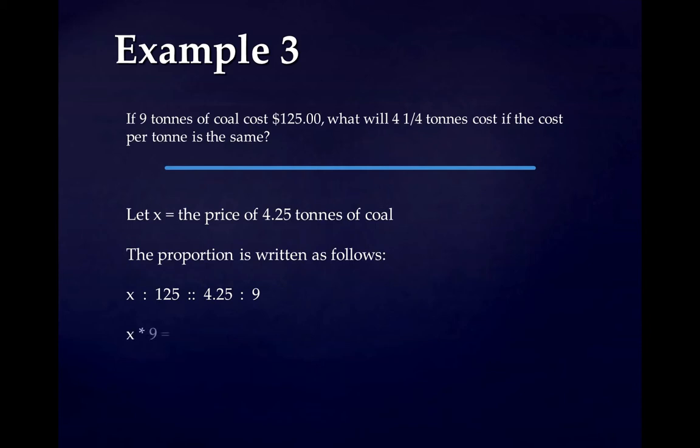So we get the formula x times 9 is equal to 125 times 4.25. Rewritten, that's x equals 4.25 tons times $125 over 9 tons. Working that out, we get x equal to $59.03.